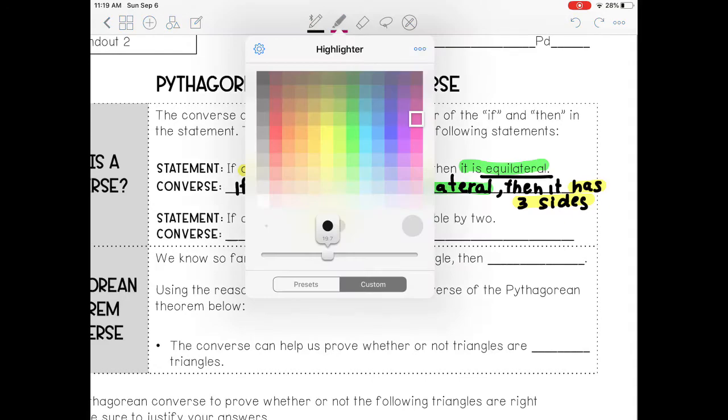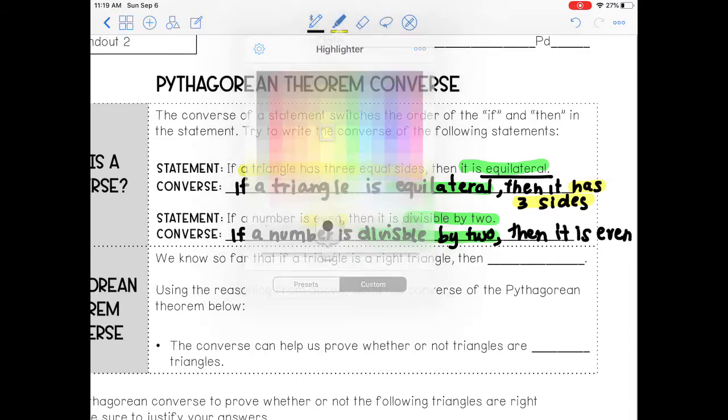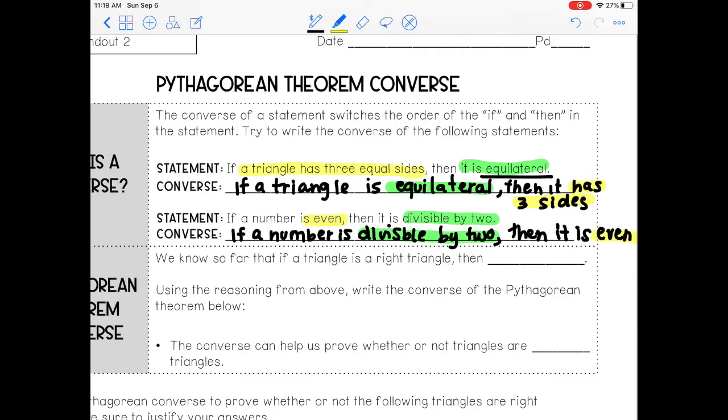So we would say, if a number is divisible by 2, then it is even. So again, we switched our statement. Divisible by 2 is now first, and even is now second. So we switched our if and then again.